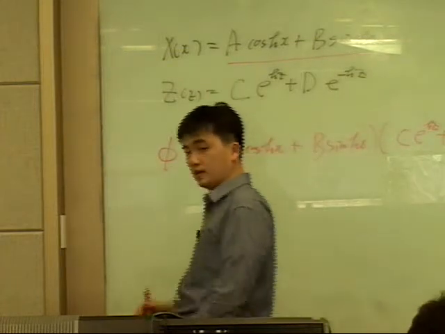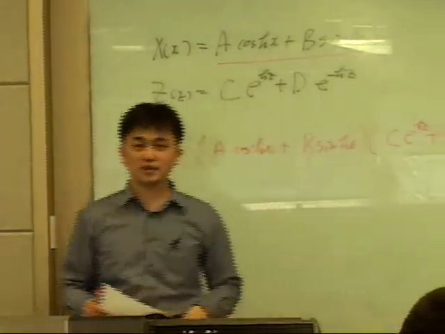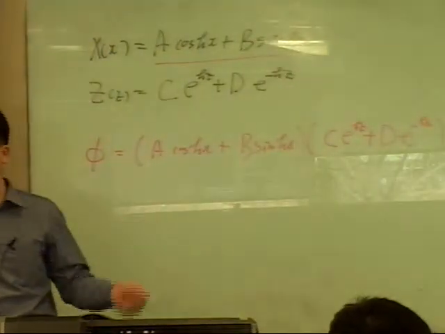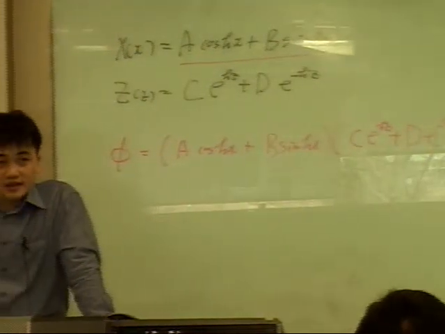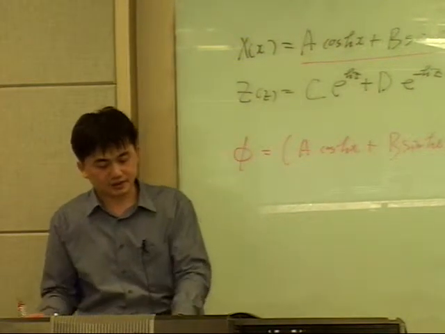So here we have constants A, B, C, D, right? We need to determine those constants. How? By using the boundary conditions. We have a lot of boundary conditions.